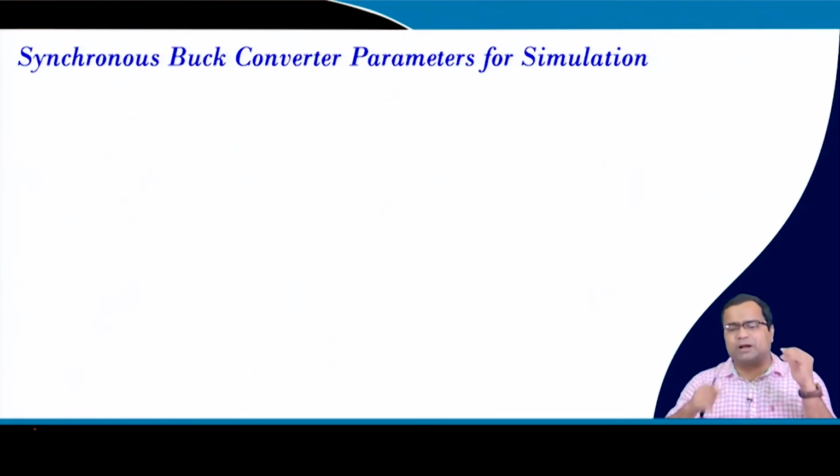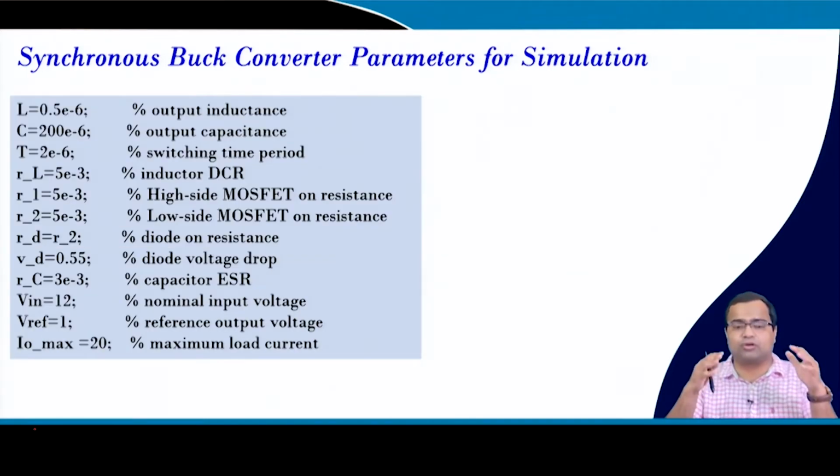In the synchronous buck converter parameters, because we are going to talk about MATLAB simulation, we want to show a few motivating simulation case studies to show how disturbance in the supply voltage can affect the output voltage.